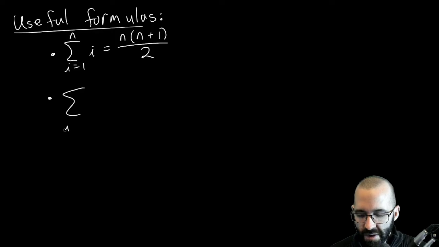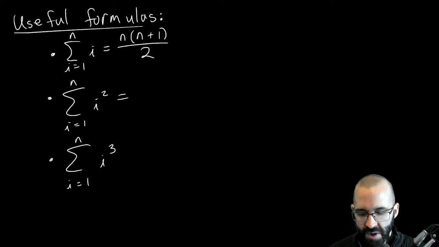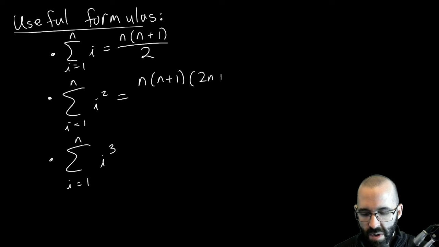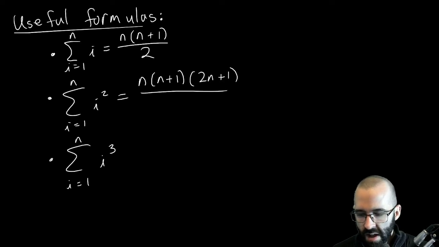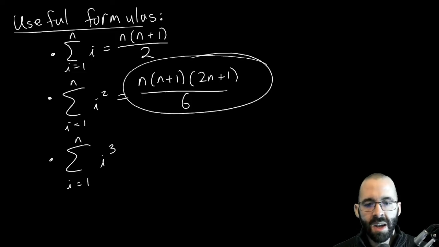And then there's one for squares. And there's one for cubes. And I'm going to be honest with you, I don't have the squared or cubed ones memorized either. So good thing it's open notes. So this is going to be n times n plus 1 times 2n plus 1. So if we just square 1 squared plus 2 squared plus 3 squared plus 4 squared all the way up to some number n squared, well, the result just depends on how big n is.